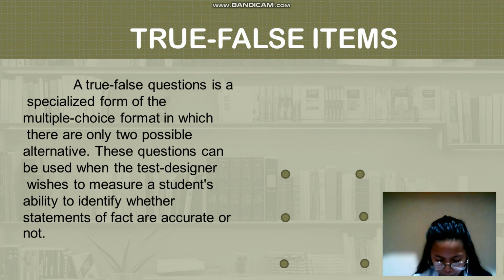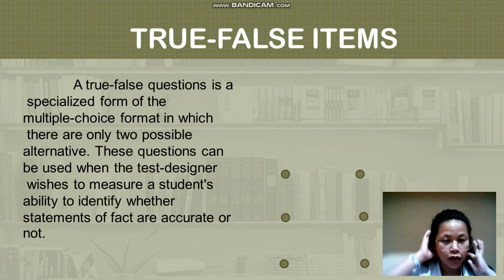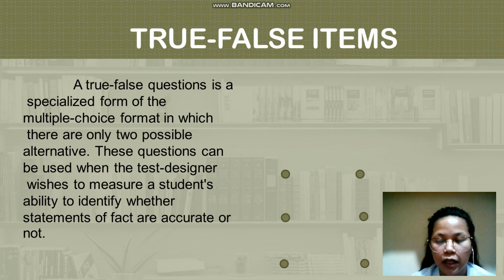This question can be used when the test designer wishes to measure students' ability to identify the right or wrong answer, to identify whether the statements of fact are accurate or not.